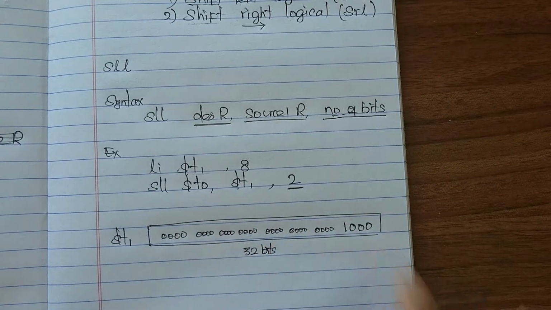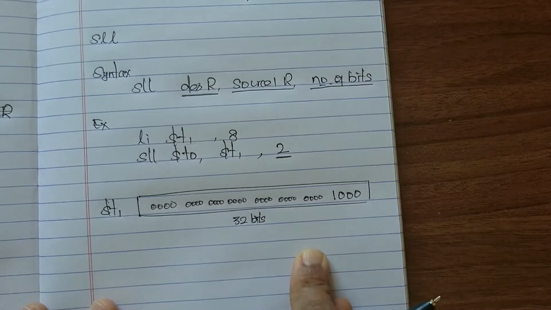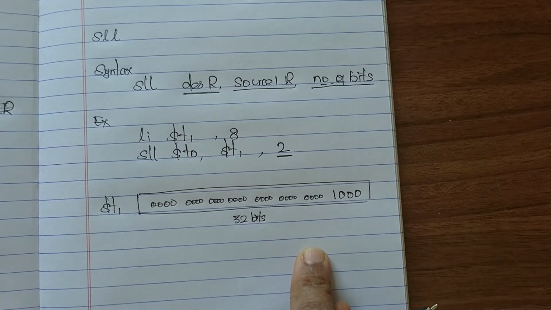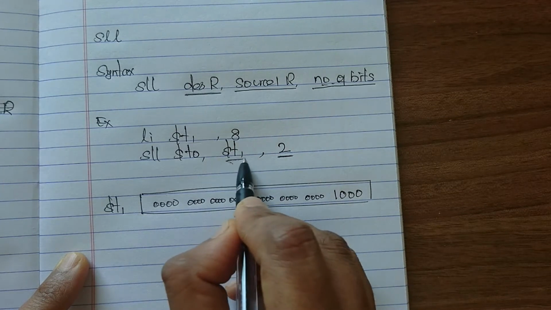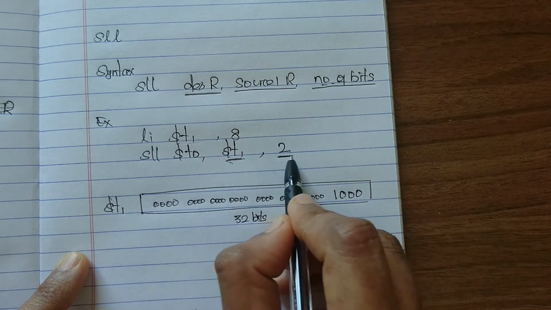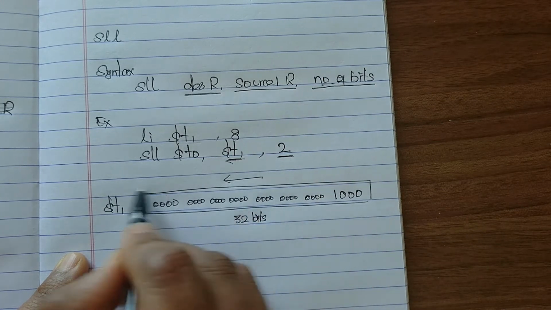When you count the bits, you will see 32 bits. Normally in the MIPS architecture, the register's capacity is 32 bits. Now the instruction says the content of T1 will be shifted to the left side by 2 bits.